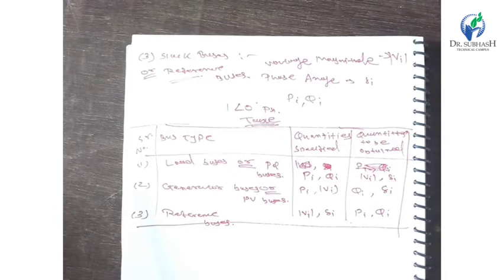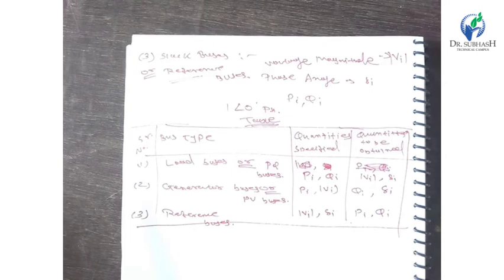In load flow studies, the real and reactive power cannot be fixed, as they vary. So the complex power flow in the network is not known in advance. Therefore, the system power losses are not known until the load flow study is complete. So one of the buses is taken as a slack bus or reference bus in the load flow studies.